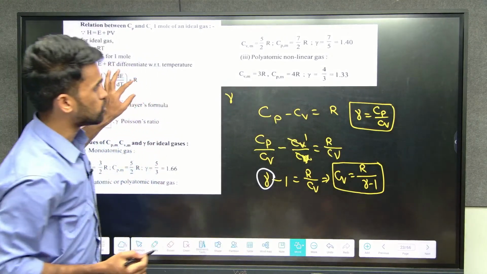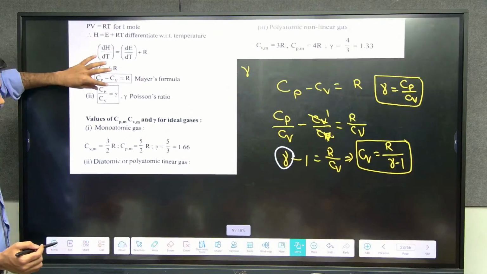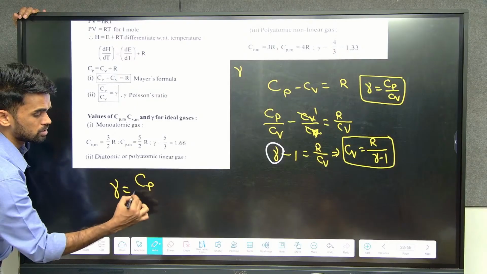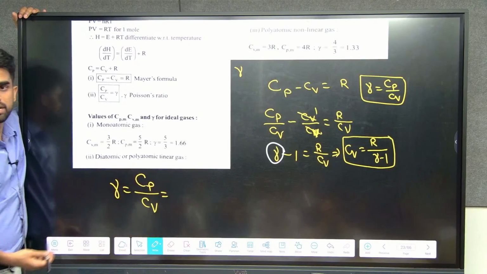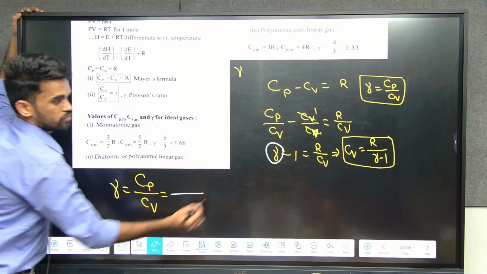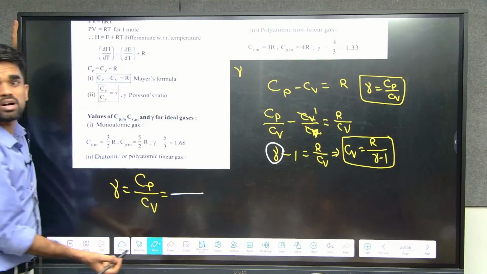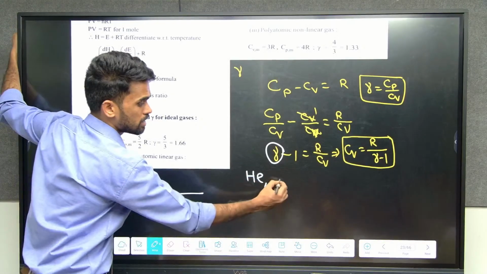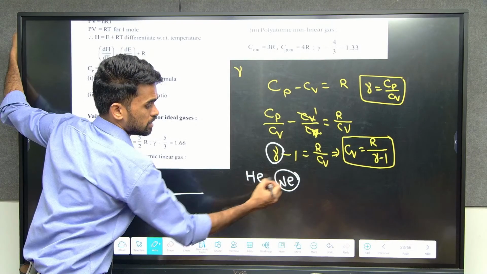For a monoatomic gas, gamma means Cp by Cv. Monoatomic gas means single atoms, like helium, neon.